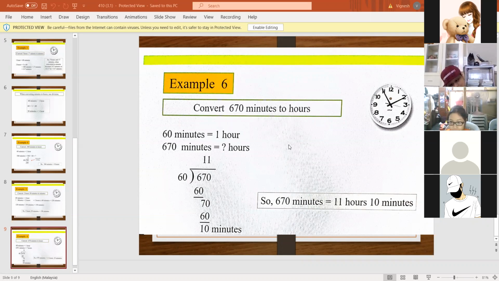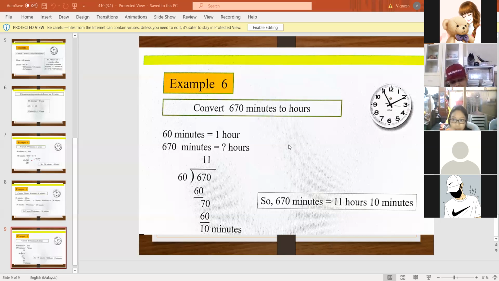Okay, who still doesn't understand how to convert minutes to hours? Any questions? Who still doesn't understand how to convert from hours to minutes and minutes to hours? Okay, shall we recall?